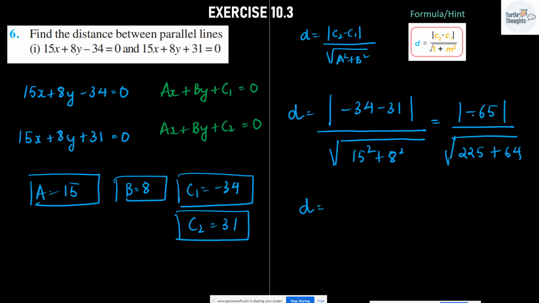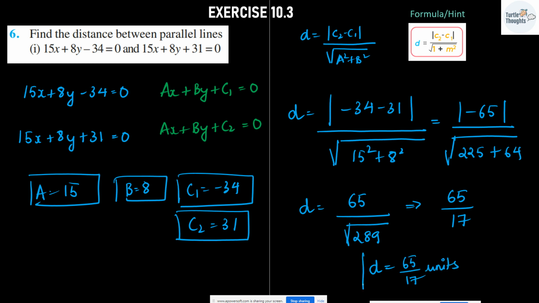The modulus of a negative number is going to be a positive number, so I will be taking this as plus 65 over root of 225 plus 64. It is going to be 289. Upon solving, I will be getting 65 over root of 289, which is 17. So the answer is going to be D. The distance between the two parallel lines is 65 over 17 units. This is going to be your final answer.